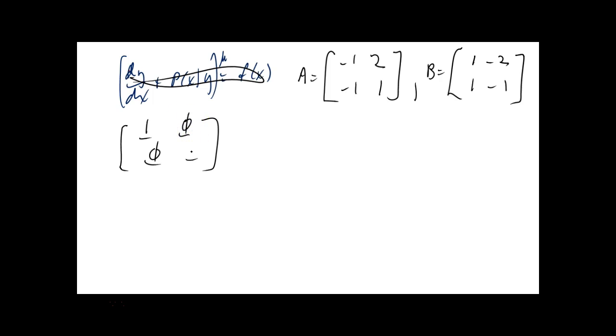Sure enough, that's I2, and therefore, since AB equals I2, you know that BA equals I2. It works too. They are commutative, and they show both of them.